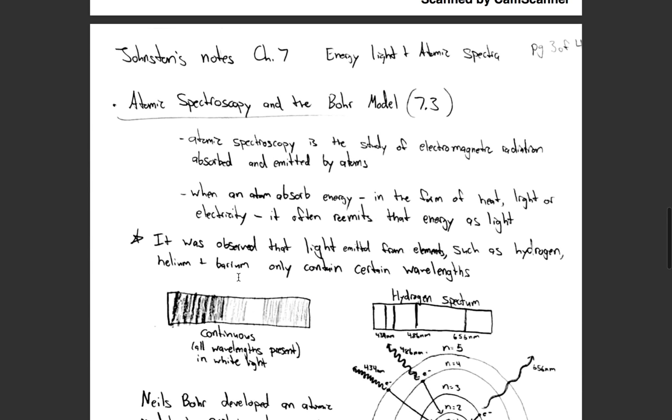And so here's where we start to make connections between the energy in light and atomic spectrum. So it was actually Niels Bohr who started to analyze atomic spectrum. Atomic spectra is the study of electromagnetic radiation absorbed and emitted by atoms.